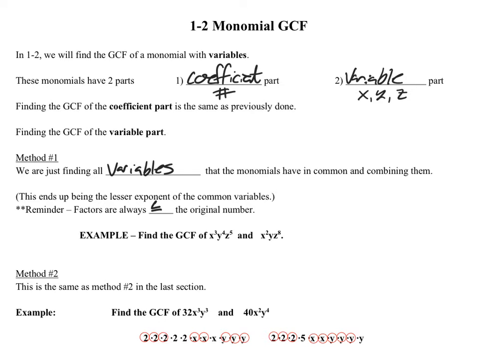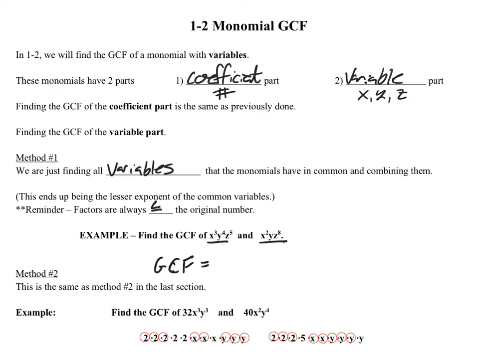So if we're finding the GCF of these two monomials, we don't have a number part that we're worrying about here, but we do want to find the GCF. What we're going to do is look at each variable separately and pick out only what they have in common. So let's look at the x's first.